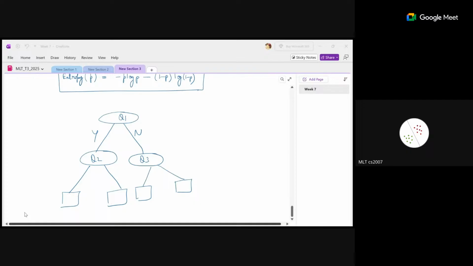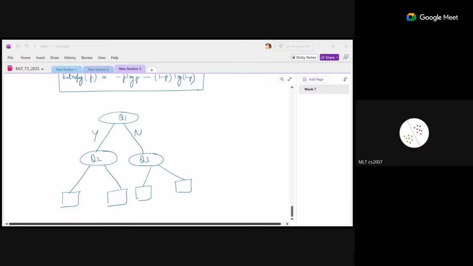Ma'am, Q1 to Q2 is one branch, then Q2 to any yes or no will be considered one branch. So again, this is depth 2, right? If that is how the branches are defined there, that is depth 2. Yeah. But again, that is a hyperparameter.